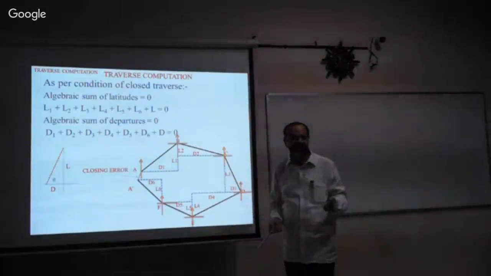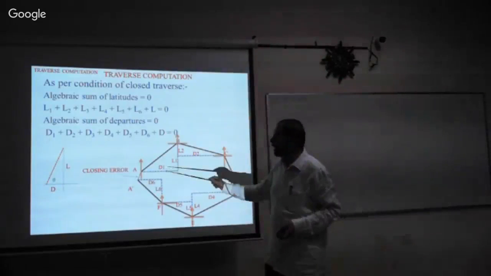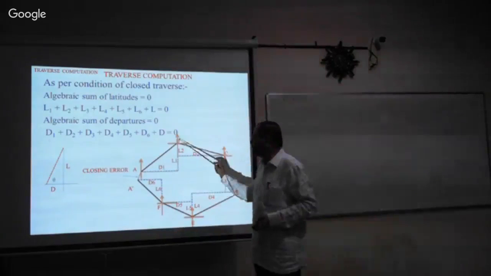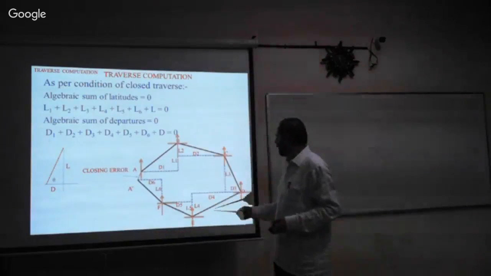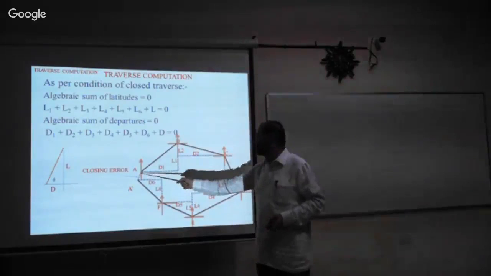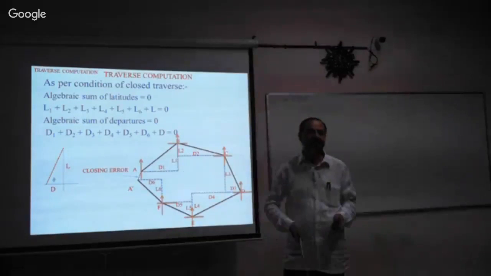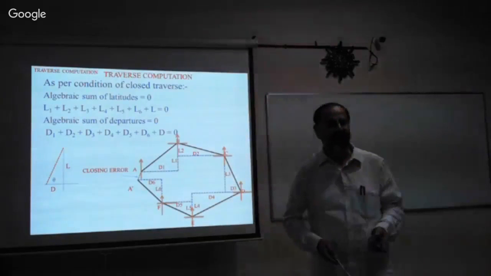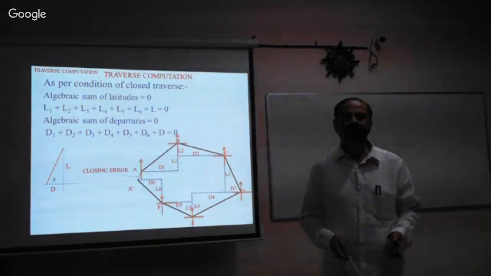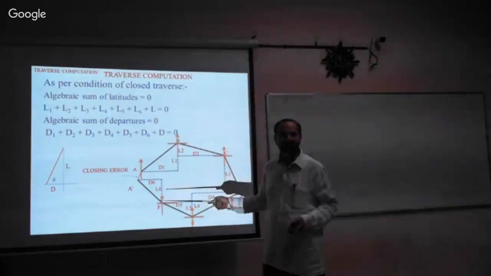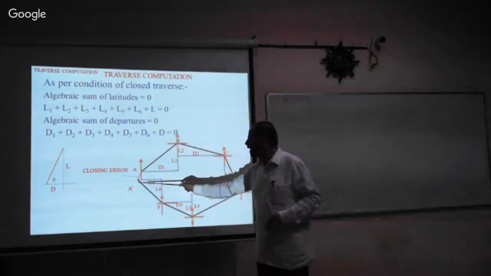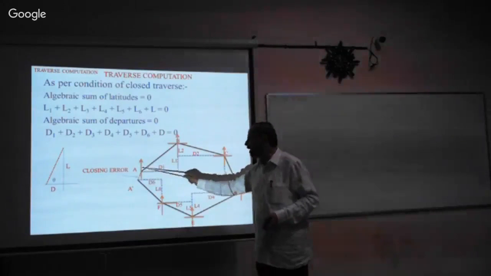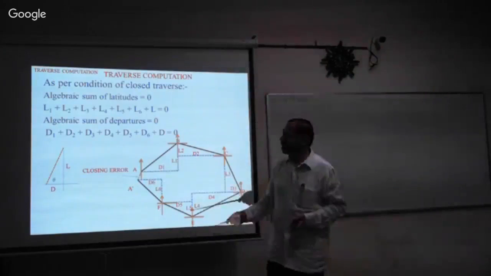When it is a closed traverse, we must come back to the original station A. We have commenced the work from A to B, B to C, C to D, D to E, etc., and we should come back to the original station A. But due to various reasons, it may not be possible to reach the point A. Therefore, the gap between the last point A dash and the first point A is called the closing error.